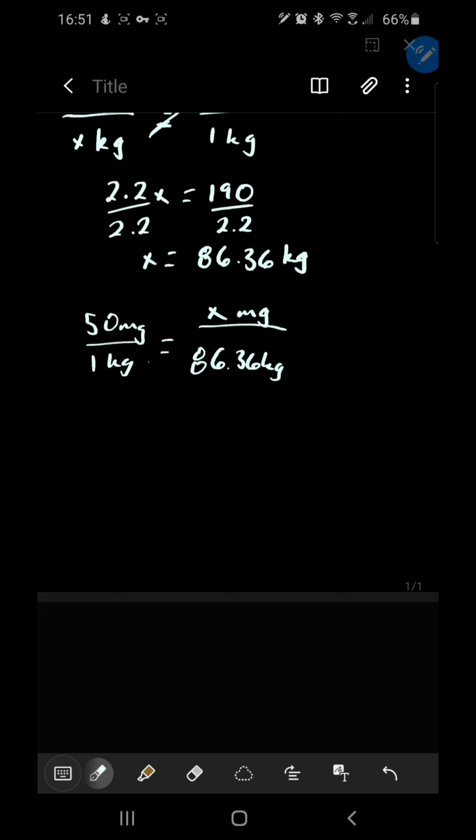Again, we just do the same thing. We cross multiply and divide. We end up getting 1x, or x. So the variable is already isolated, and we multiply 86.36 by 50, and we get 4,318 milligrams for the dose for a patient.